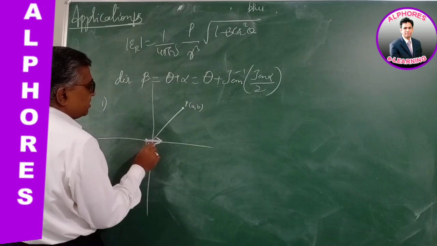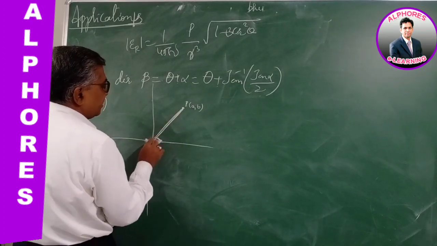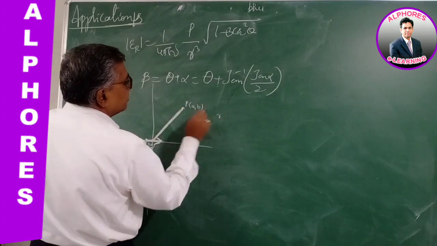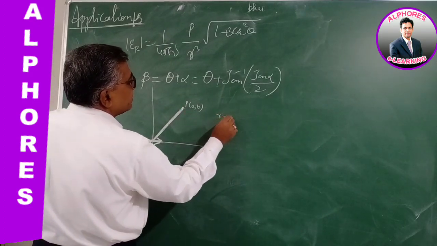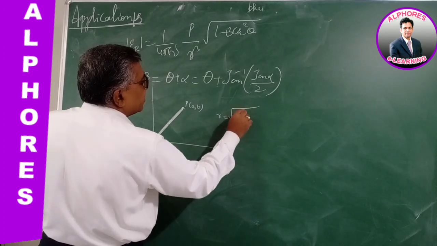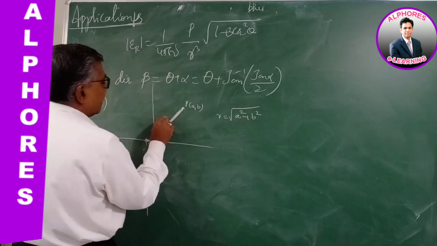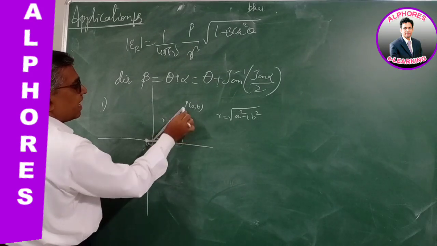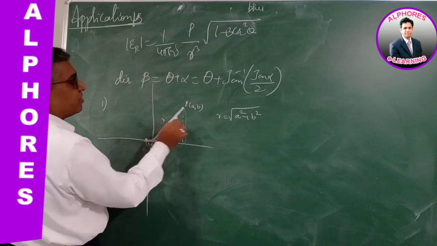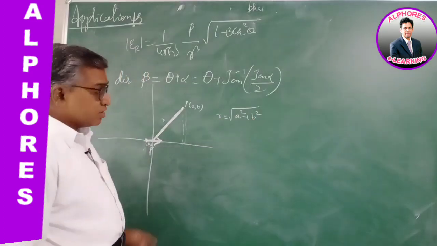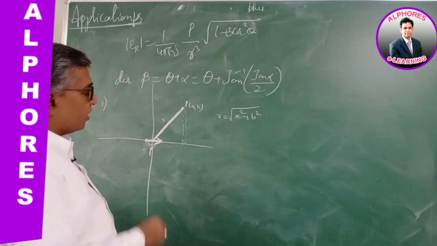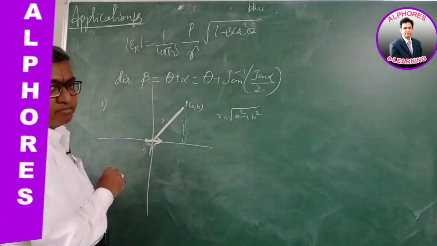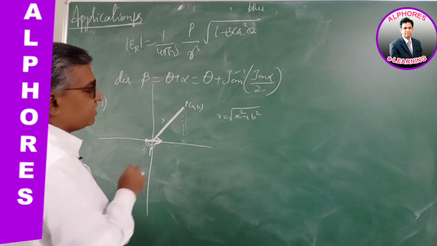So we know if this is 0, 0 and this is A comma B, the magnitude of the radius vector R is root of A square plus B square, because if I drop a perpendicular, this is A and this is B. So the distance of the point P from the origin is R. At that point, what is the electric field intensity?